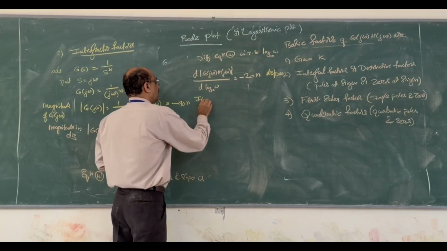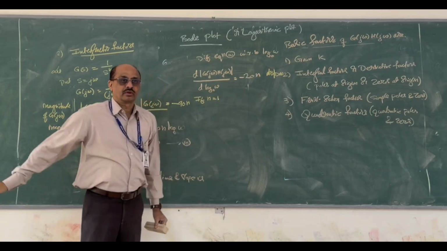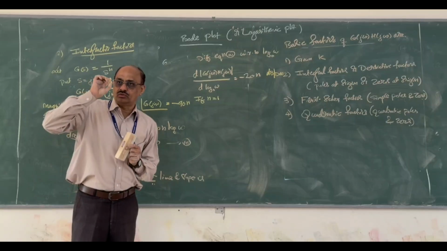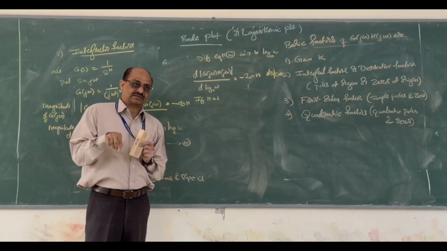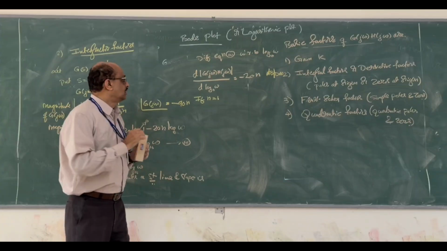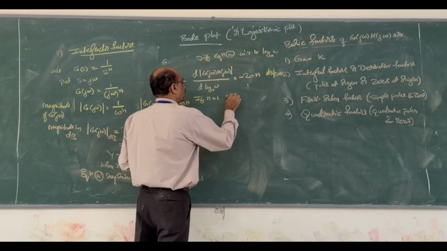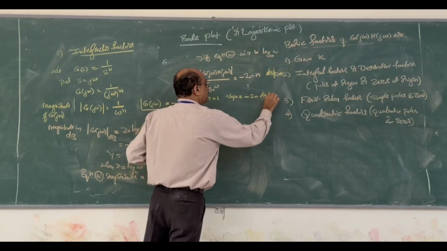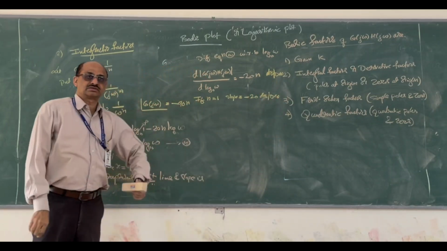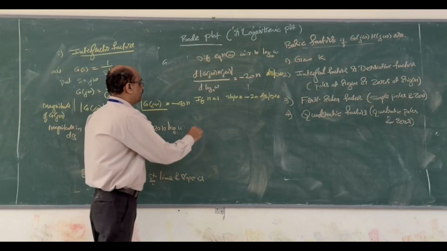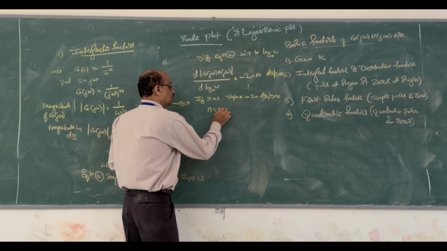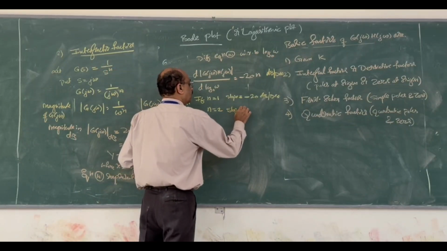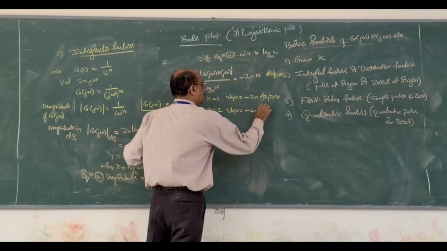If n equal to 1, that means only one pole or only one factor at the origin, 1 by s, then slope is equal to minus 20 dB per decade. If there are two poles, n equal to 2, slope is minus 40 dB per decade.